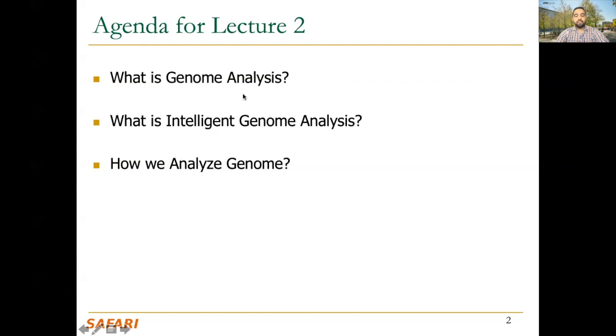So in the previous lecture, we went through these three sections or three points: what is genome analysis, what is intelligent genome analysis, and how we analyze genomes. Now we agree that all of us get sequences of our DNA from all these sequencing machines. Regardless of the sequencing machine you use, you always get fragments of your DNA.